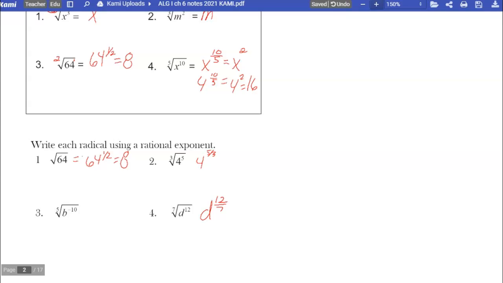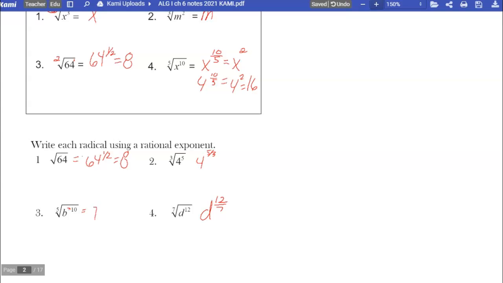And now if you notice on this one here, there is a negative, although it doesn't show up very well. It's a negative 10. So what we end up having is, first thing, we could simplify this and get rid of that negative.